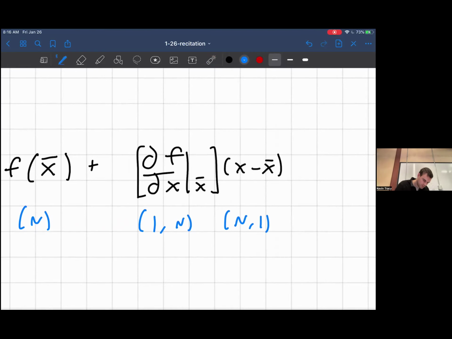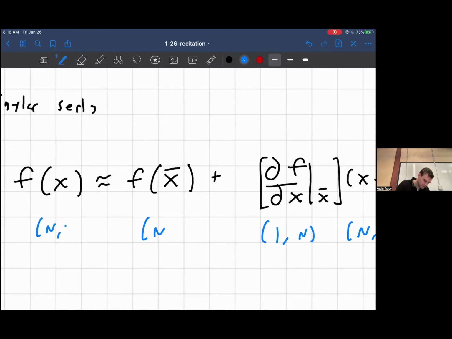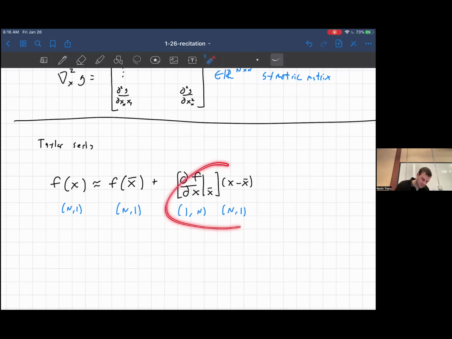I'll write the full 2D things for everything. So you see how all the dimensions line up here? Or this is not. Sorry, this is a scalar function I'm doing this for.